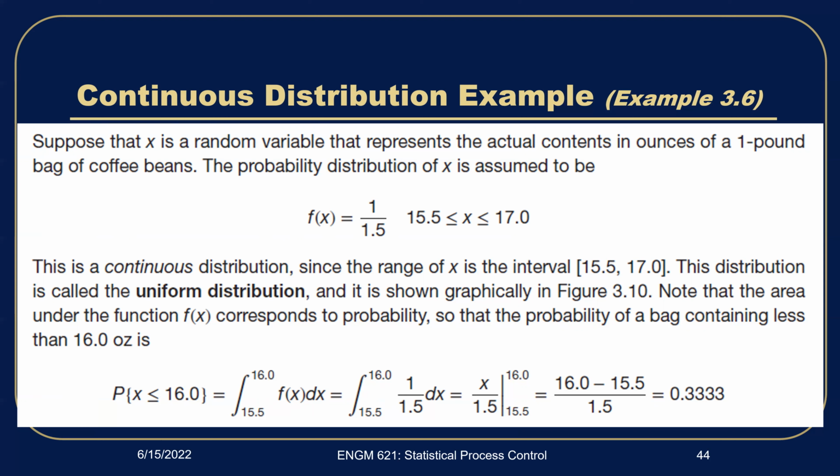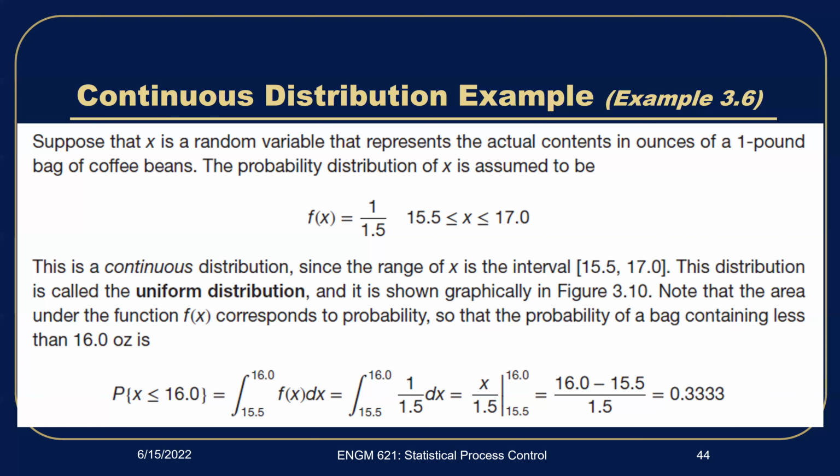Note that the area under the function f(x) corresponds to probability, so the probability of a bag containing less than 16 ounces is when we calculate the integral of f(x) from 15.5 to 16.